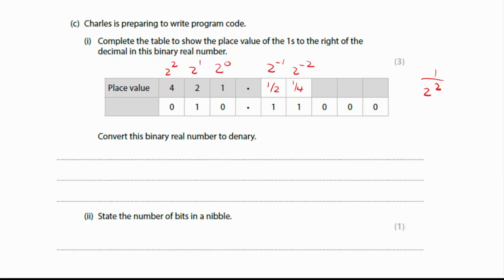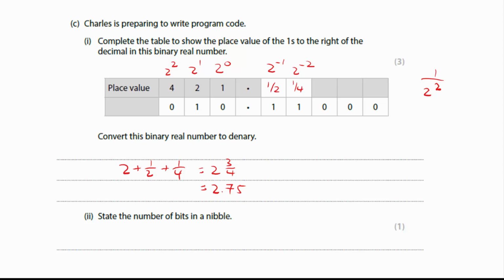So 0 times 4 is 0, 2 times 1 is 2, plus 0, plus a half, plus a quarter. So this is 2 3/4, or 2.75. We've then got to state the number of bits in a nibble.